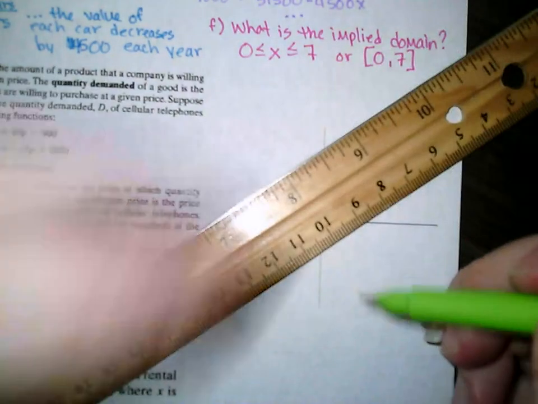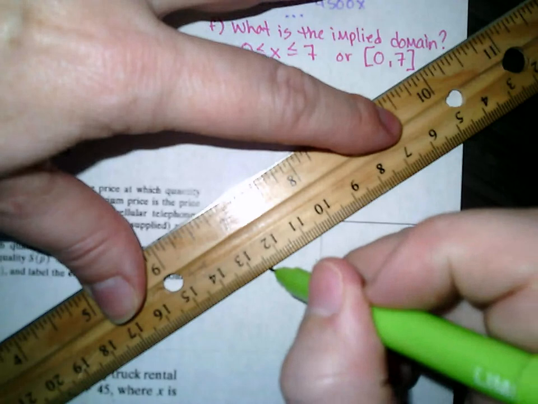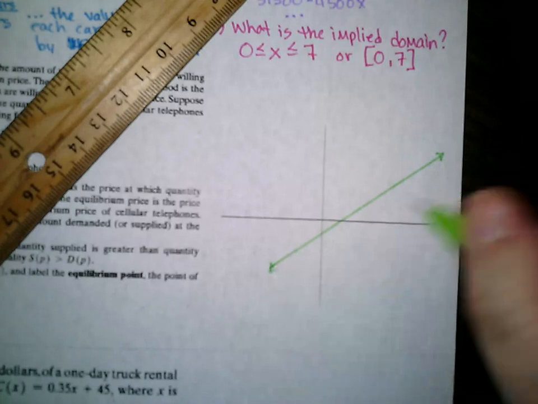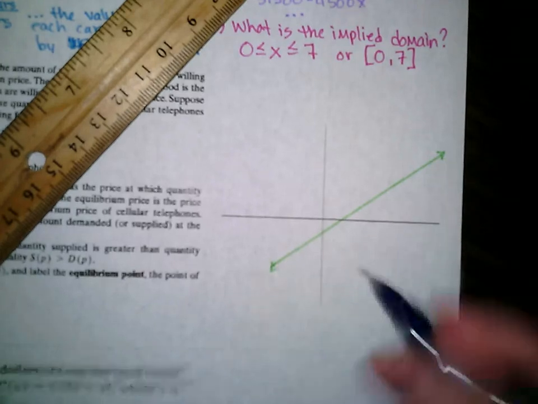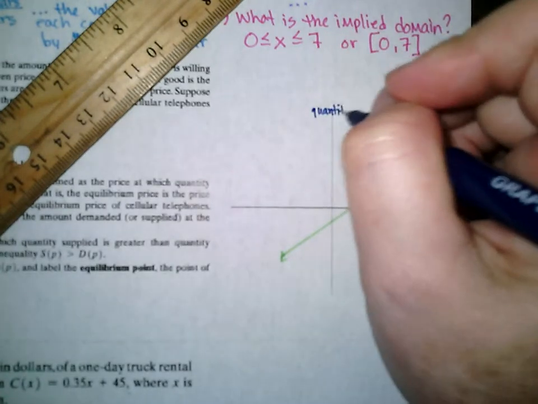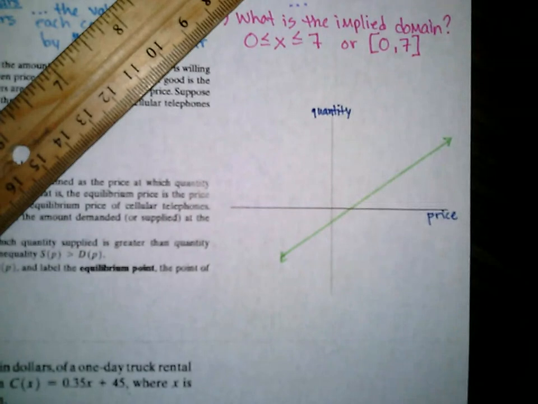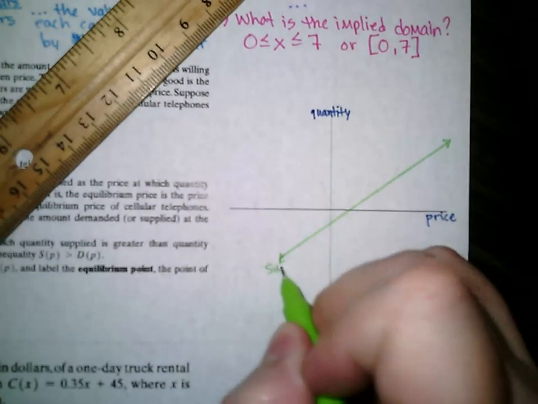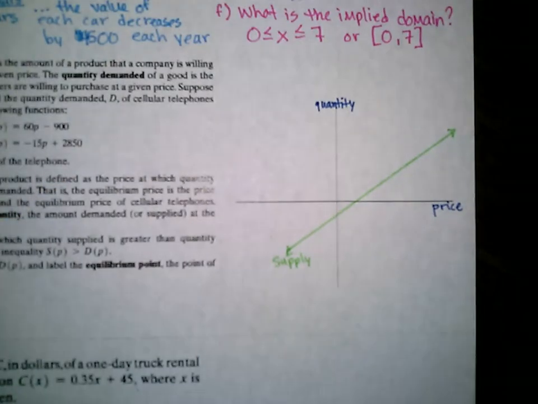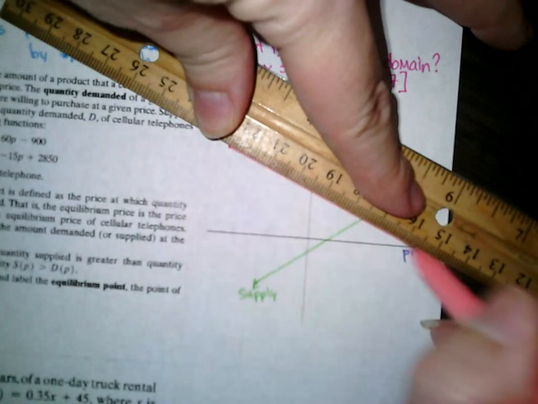So generally your supply curve is going to be positive, because the more something sells for, the more you're willing to produce. Here we have price per item along the x-axis and quantity produced or sold along the y-axis. So this is our supply curve. The demand curve does the opposite, because when the price is high, people are not willing to purchase as many as when the price is lower. So our supply curve is generally positively sloped, and our demand curve is generally negatively sloped.